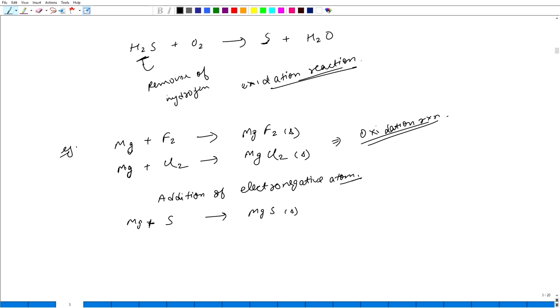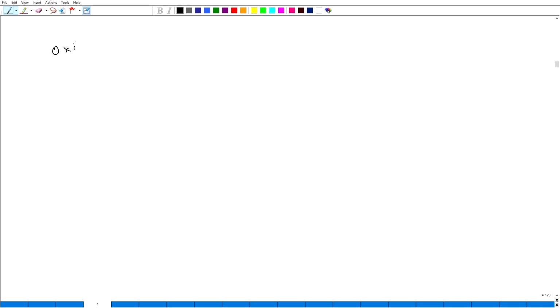So, finally, the definition of oxidation reaction is, if someone asks you what is an oxidation reaction, you will say either it is addition of oxygen, or it is removal of hydrogen.